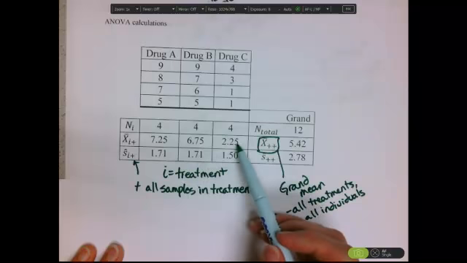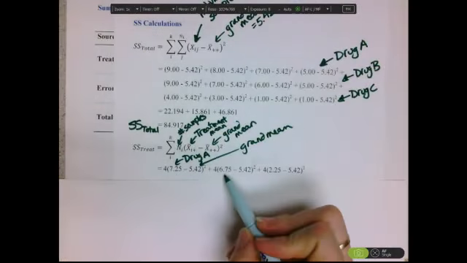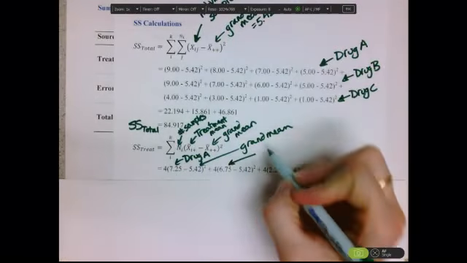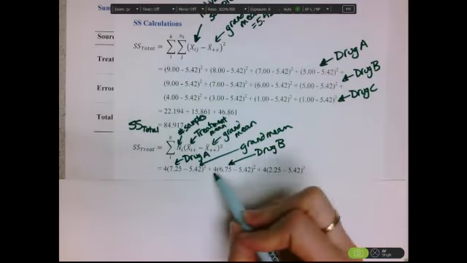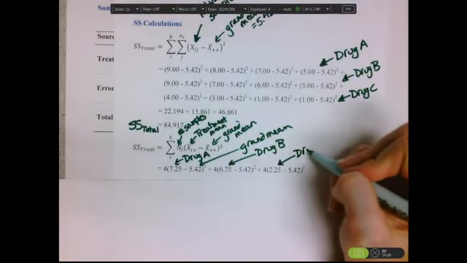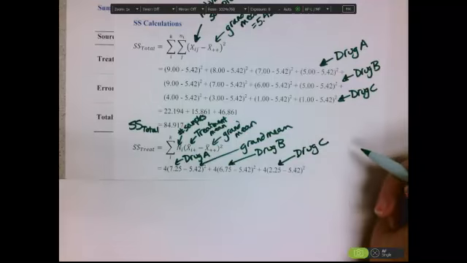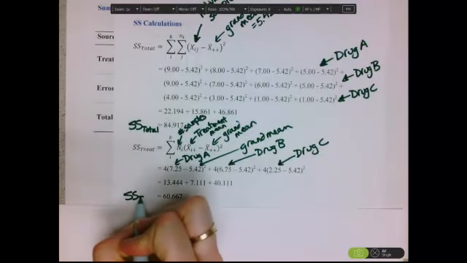And 2.25 is the mean for drug C, and again, we have 4 individuals. So 6.75 is the mean for drug B minus the grand mean, and there are 4 individuals in that treatment. And then we have drug C. So this is the sum of squares that we're calculating for the treatment effect. We sum those up and get 60.667, and that's our sum of squares due to a treatment effect.